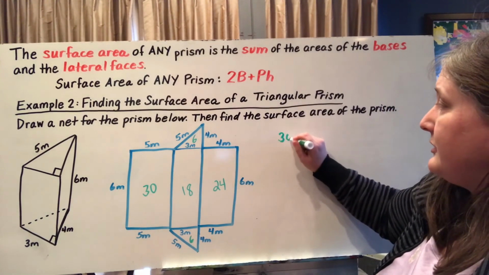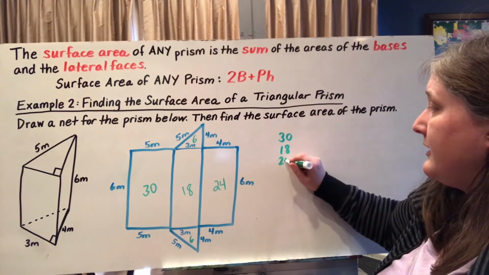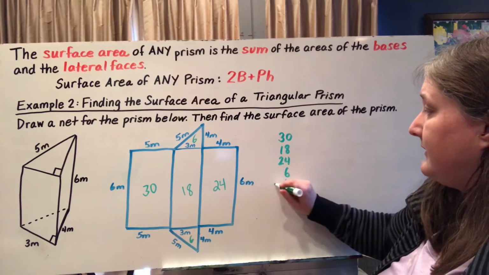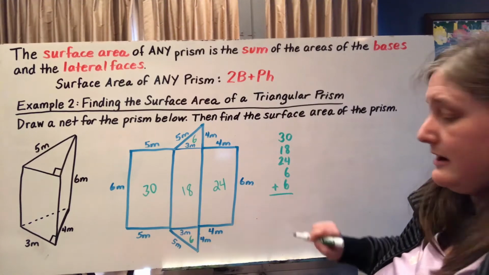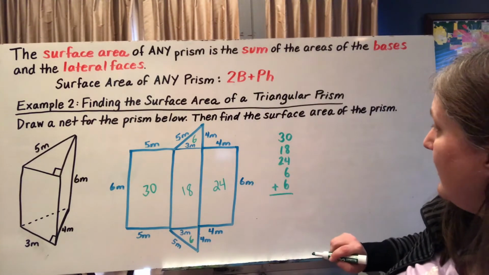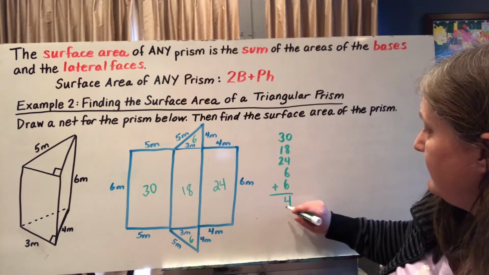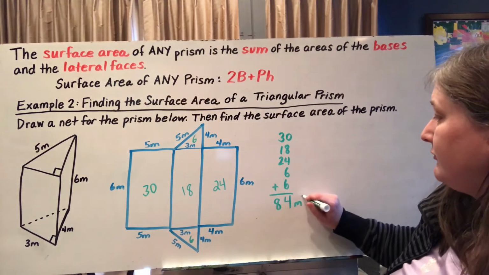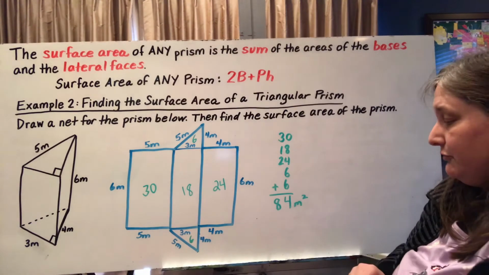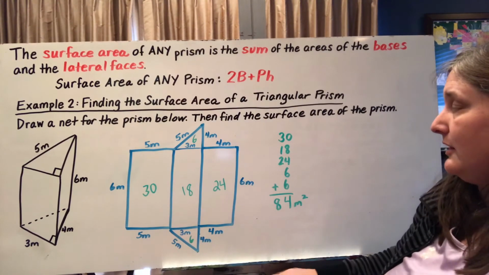So I'm adding 30, 18, 24, 6, and 6. And here I'm going to get a grand total of 84 meters squared.